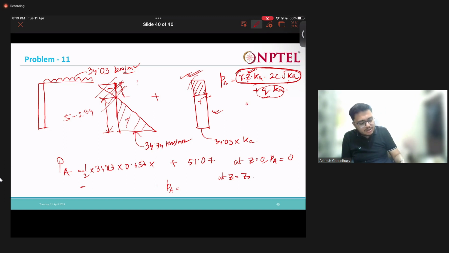First you put Z equal to 0, then Z equal to 0.1, then 0.2, like this. You can do it in an Excel sheet. You have the equation, just take Z values and find the PA pressure, then it will be clear. Plot all this, then you will see how the variation is coming. So you can check.